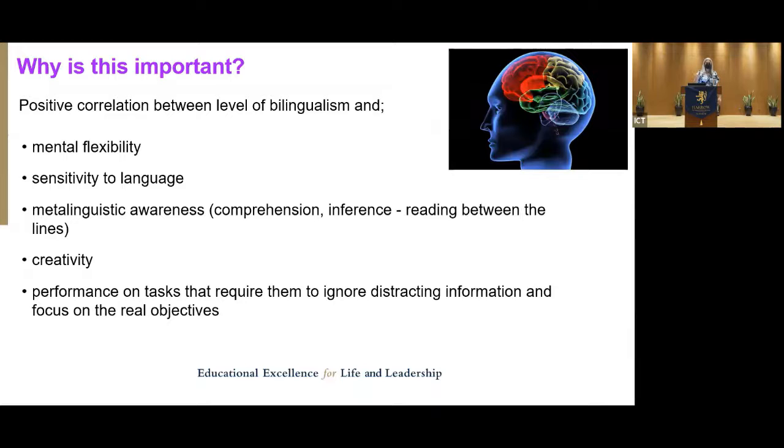Also, sensitivity to language. We've already talked about that. Once you've got a language, you've got those structures in place. It's easier to acquire that second language. Metalinguistic awareness is when I was talking about that higher level of language. So being able to read inference in something, reading between the lines.